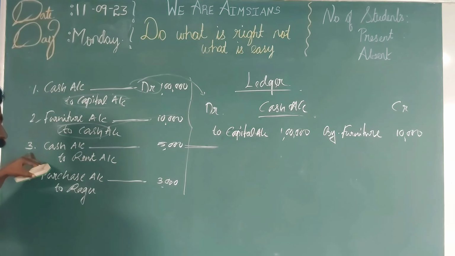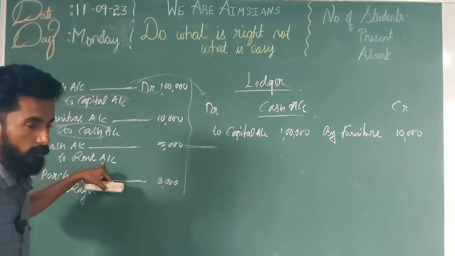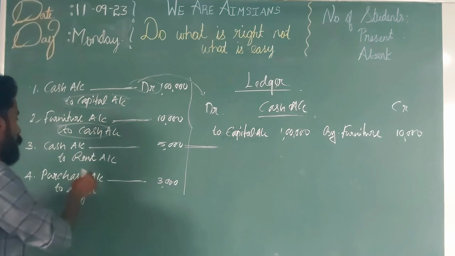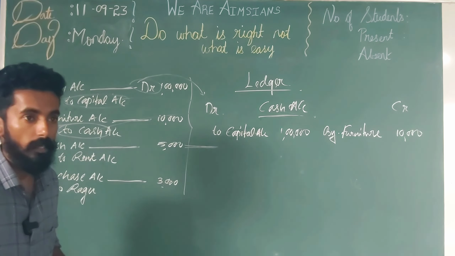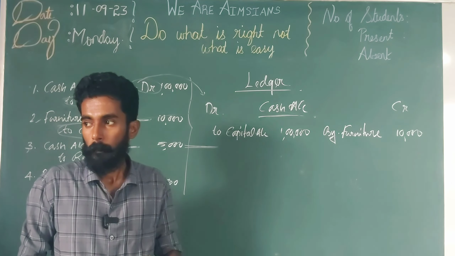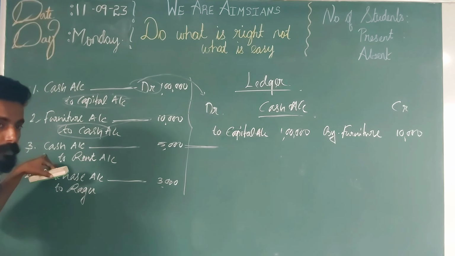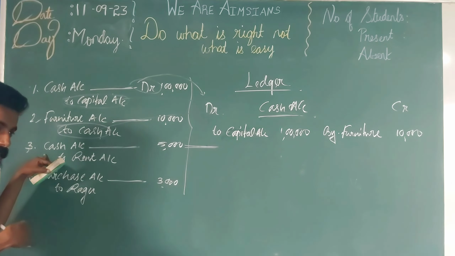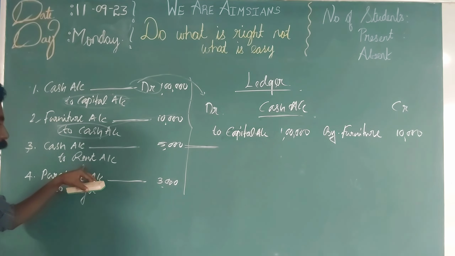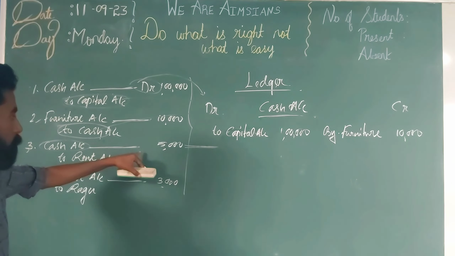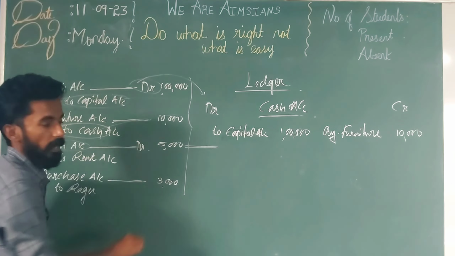The third entry is cash account debited to rent account. Suppose we are going to receive rent; the third journal entry is cash account debited to rent account. In this, have we debited or credited the cash account? We have credited the rent account and debited the cash account. So which side do we need to go?